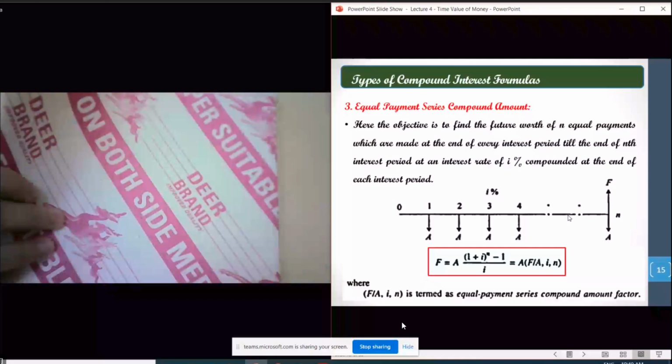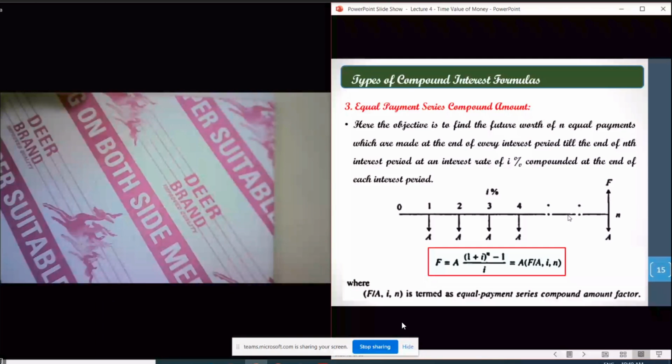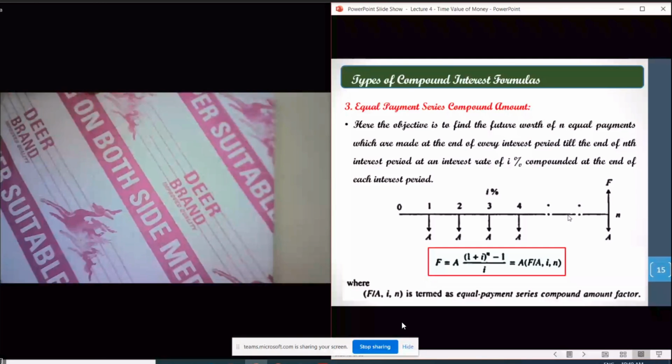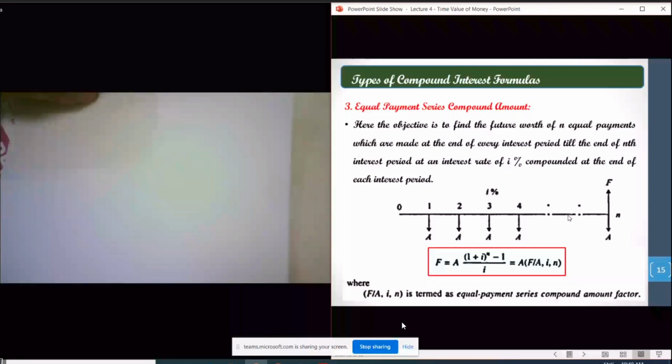Here I will get to know the future value of the amount which I am going to deposit from year 1 up to year n. Every year I will be depositing equal amounts, and I want to know how much I will get at the end of year n. For example, consider insurance policies.